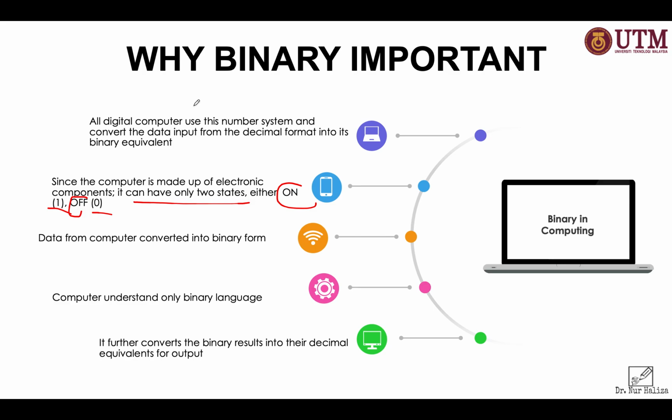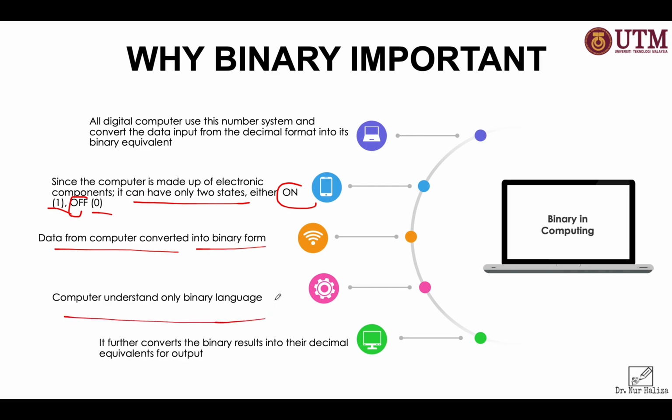Let's say you have data transfer. Of course, you will be typing in your words, hello, but what you understand is hello itself. You type HELLO, and then there will be a system in your computer that will convert it into 1010, which is binary. Data from the computer will be converted into binary form.